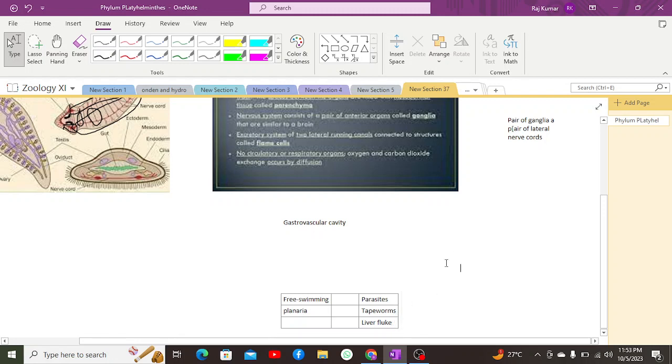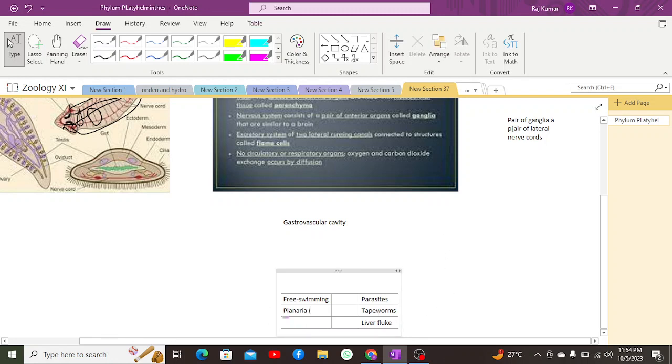Those which complete their life cycle in one host are known as monogenic parasites, and the parasites which complete their life cycle in two organisms are digenic parasites. Liver fluke is a digenic parasite. It completes its life cycle in the body of a snail and in the liver of sheep. So this is how it completes its life cycle, so it is a digenic parasite.